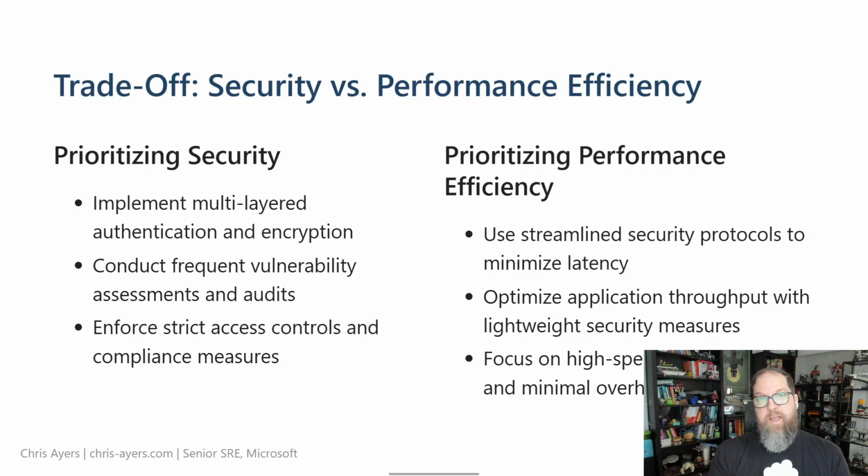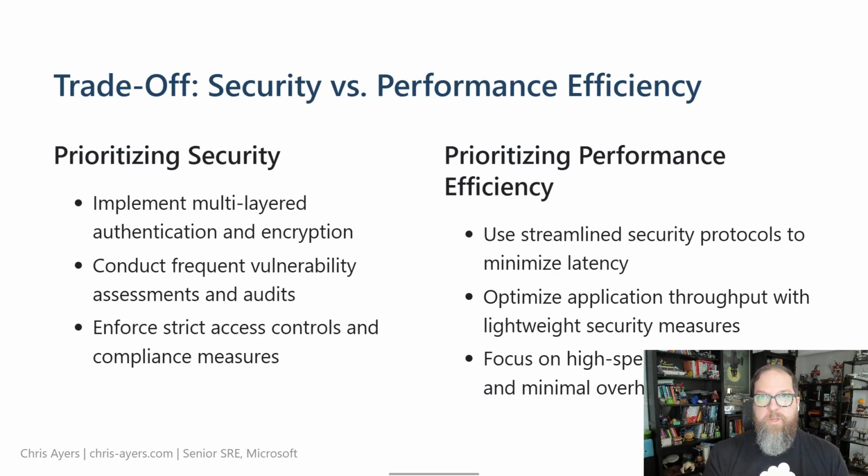Another one that I see a lot, security and performance. So security versus performance, maybe some of the design decisions made by a financial company with multi-layered authentication, encryption, vulnerability assessments, maybe that's not the same trade-off that a gaming platform might make. They might have login and two-factor authentication, but then once you're in a game, they care about latency.